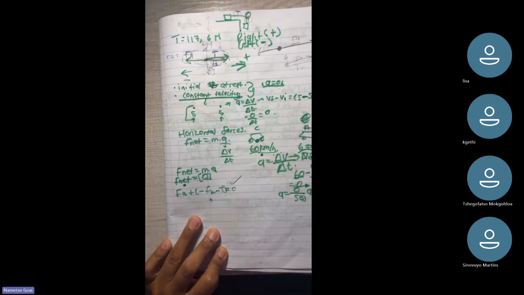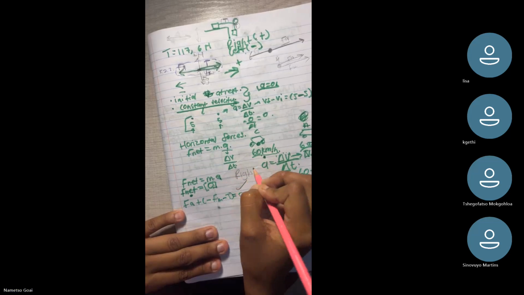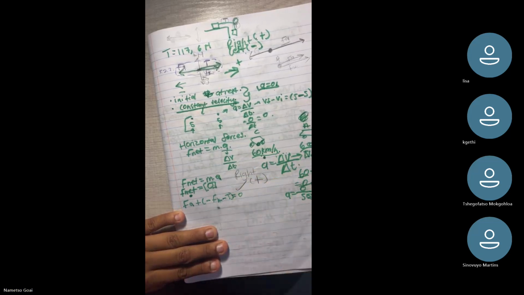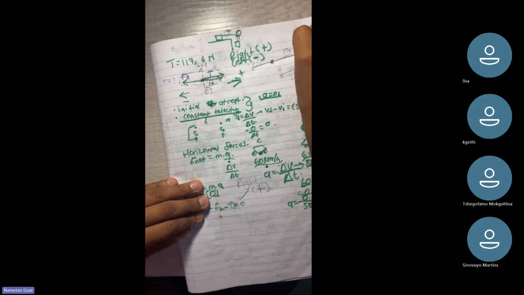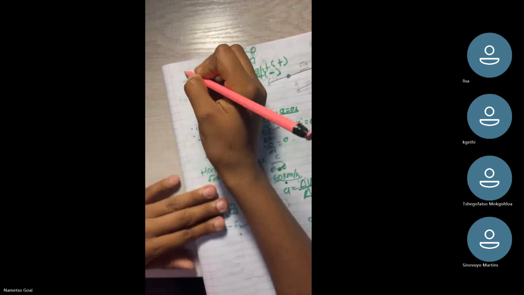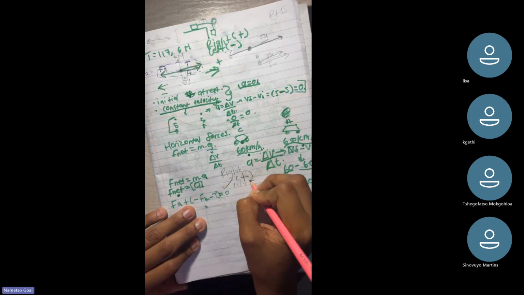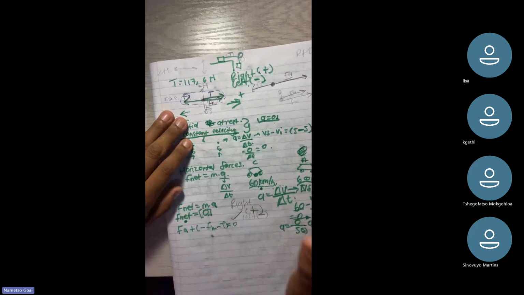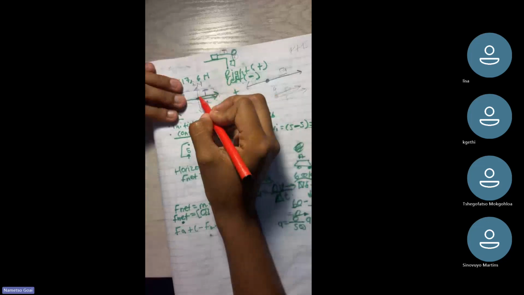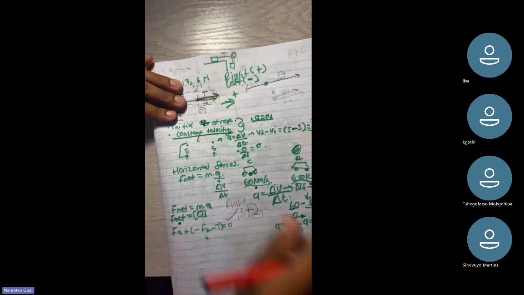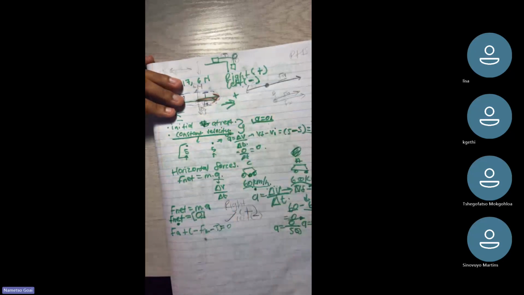But remember, with our question, we decided to take right as positive. So if right is positive and left, because this is right, right? This is our RHS, this is our LHS. If we took right as positive, it means that left will be negative, right? So which means the tension is going to the right. Can you see that the tension, where is it moving? It's moving that way. It's going to the right, right? And FK, it's also going to the right, right?